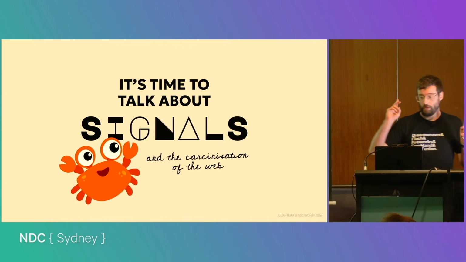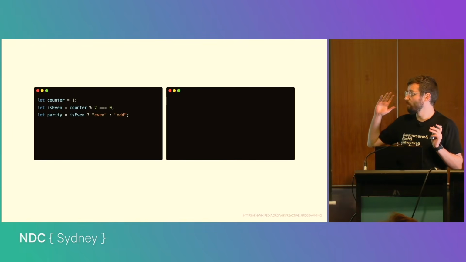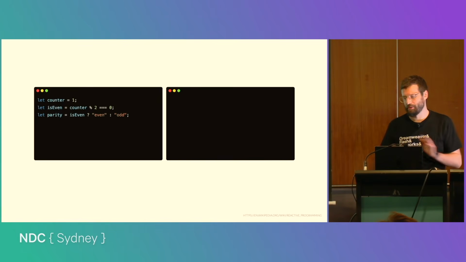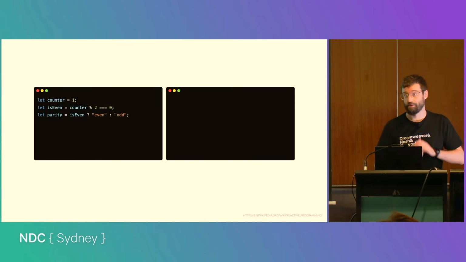Okay. To understand what problem signals are trying to solve, let's look at what signals actually are. In JavaScript, the idea of signals is the concept of reactive variables. By default, variables are not reactive in JavaScript.